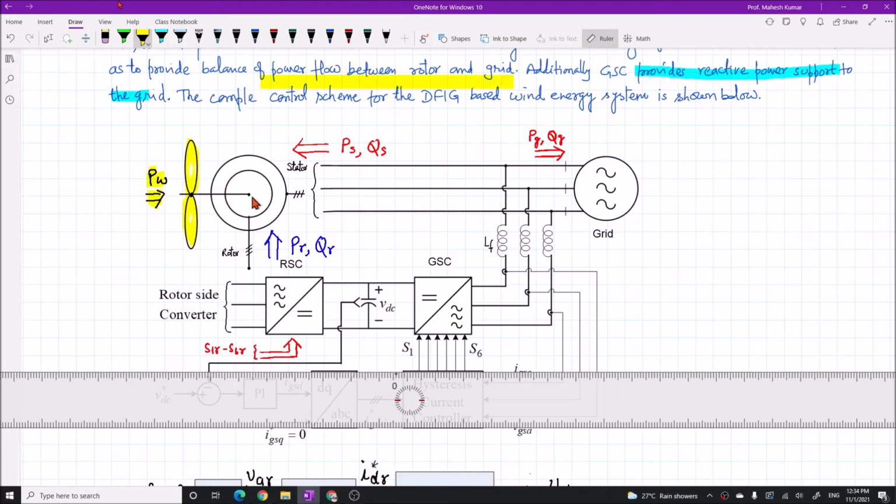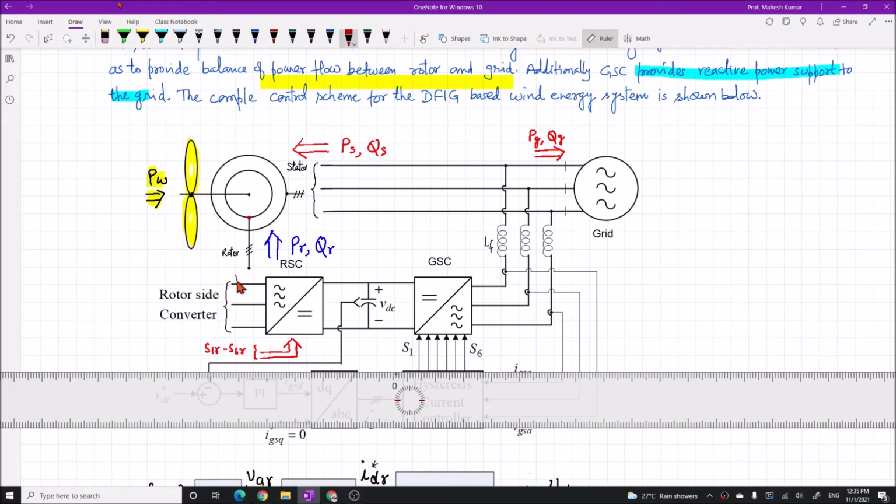Between the rotor and the blades shaft, there is a gear system in order to make the appropriate mechanical speed of the rotor. So the inner circle is the rotor here, and this rotor is being fed from the rotor side converter. This is the rotor side converter.